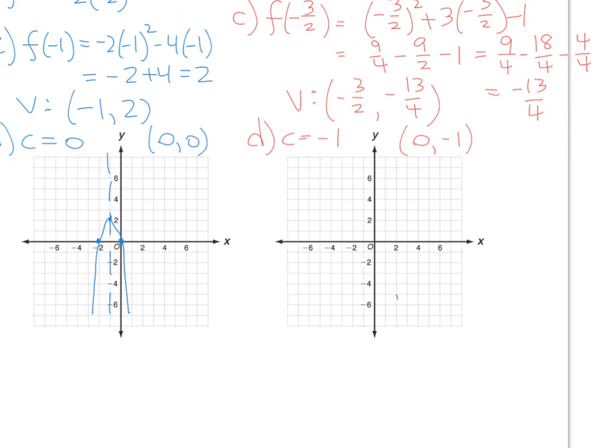You will find that this one's going to be a little bit more complicated to graph because of the fractions, but you can still find those points. 0, -1. The vertex approximately -1.5 at -13/4, sorry, is 3 1/4, right? So you can approximate that. So -1.5, -3 1/4.